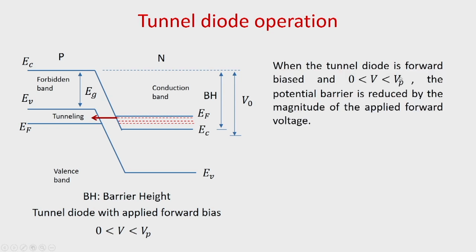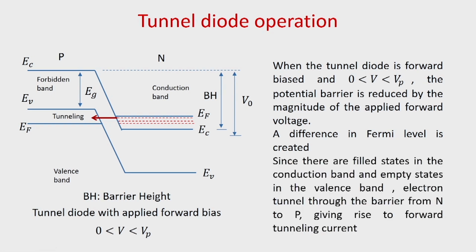So, when the tunnel diode is forward biased by a voltage V which is greater than 0 but less than Vp, the potential barrier is reduced by the magnitude of the applied forward voltage. A difference in Fermi level is created. Since there are filled states in the conduction band and empty states in the valence band, electrons tunnel through the barrier from N to P, giving rise to forward tunneling current.